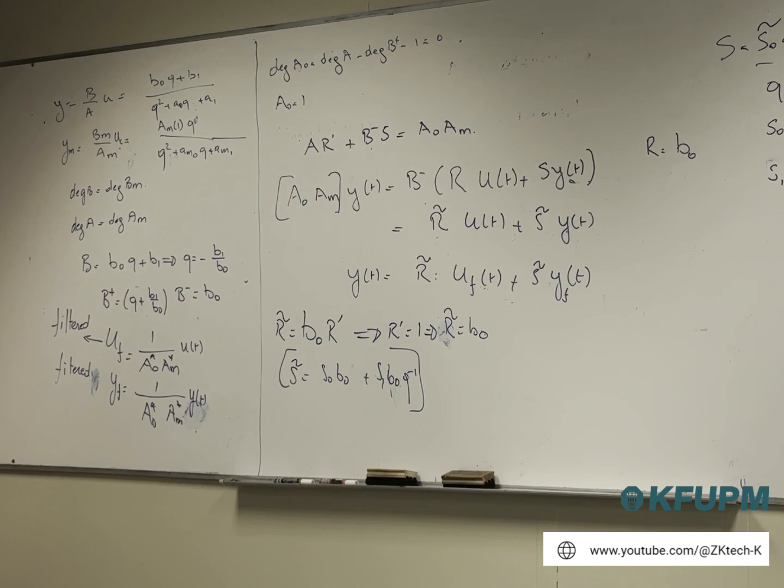Are you okay with this? R tilde is equal to B0 multiplied by R prime, with Q minus 1. So in our case here, the value of R is based on this equation that you have here. Same development that we did before. The equation in the slides will be R, not R prime, because we are assuming the equation from here.